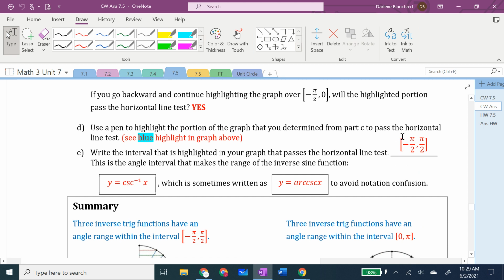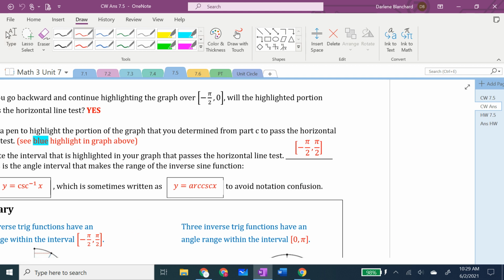And the way I have this written is just to keep it more general. Technically, though, while I am working with the interval from negative pi over 2 to pi over 2, technically 0 is not included.